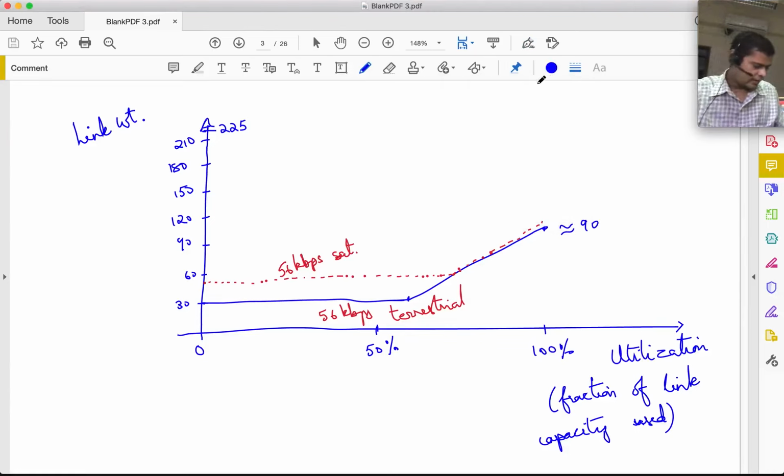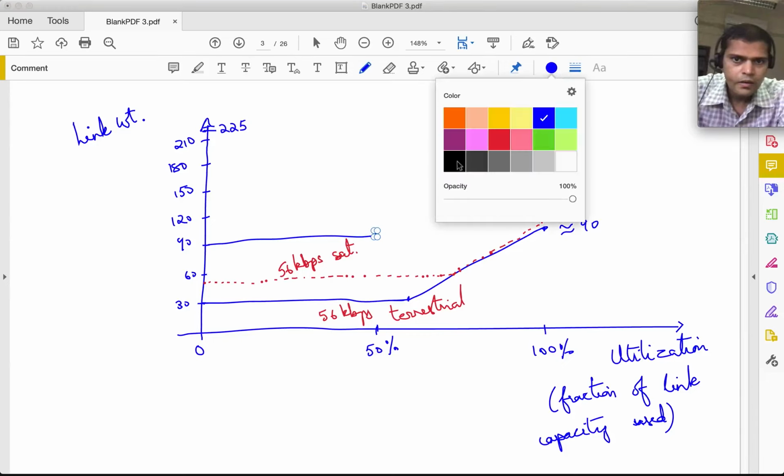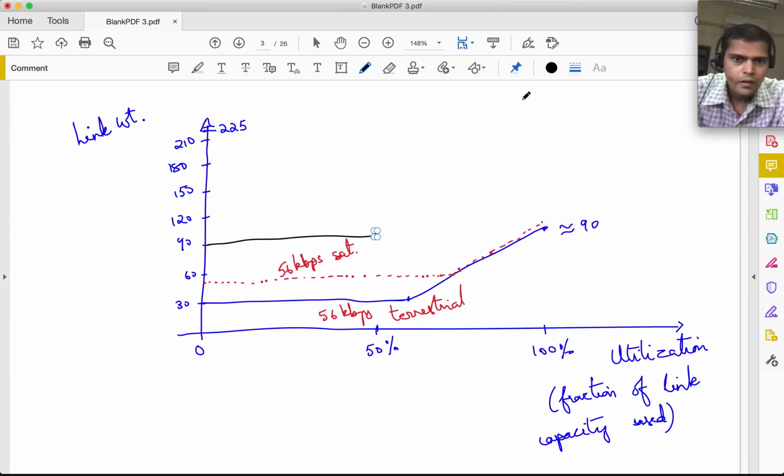So what about the 9.6 kbps links? They gave them higher link weight. What we are going to do is increase after this all the way to roughly 220, 225.